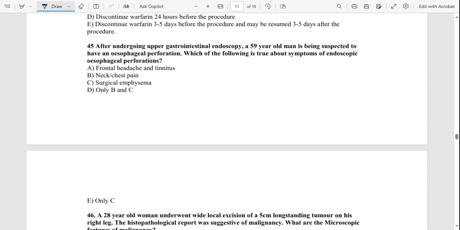Any thought on this one? A complication of esophageal perforation. Anyone, please feel free to contribute any thought that you have.